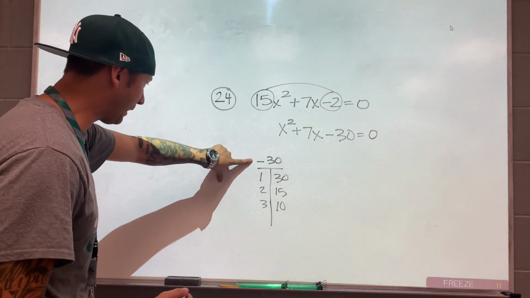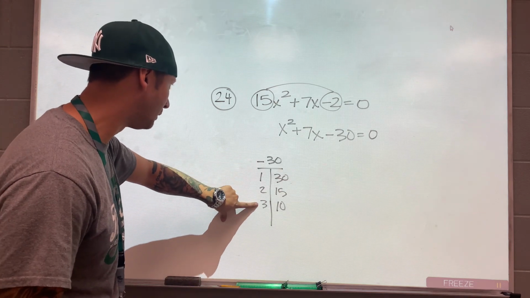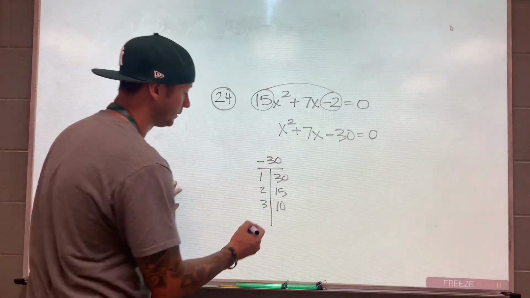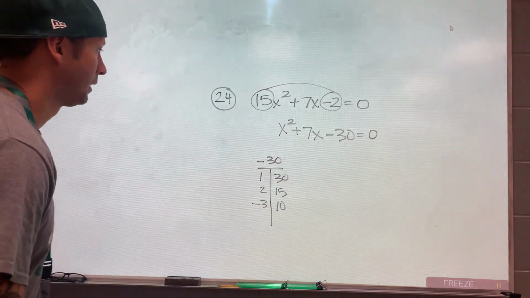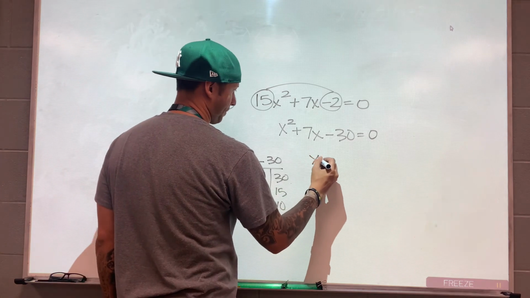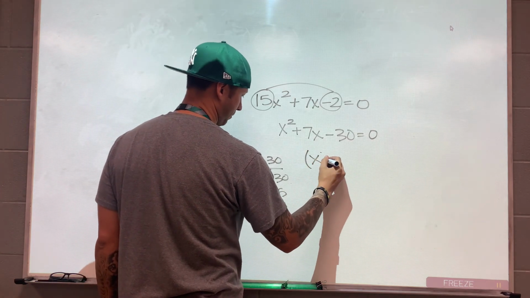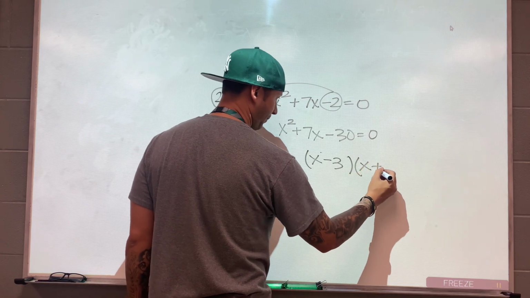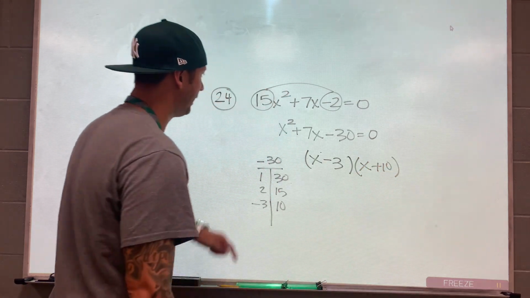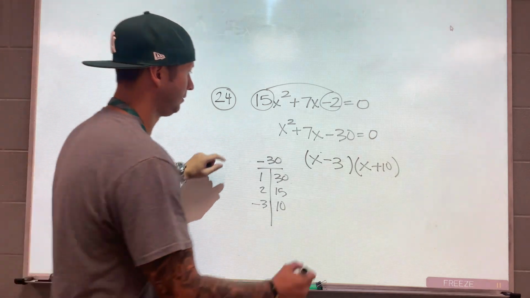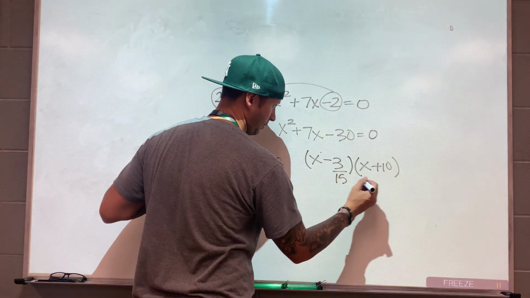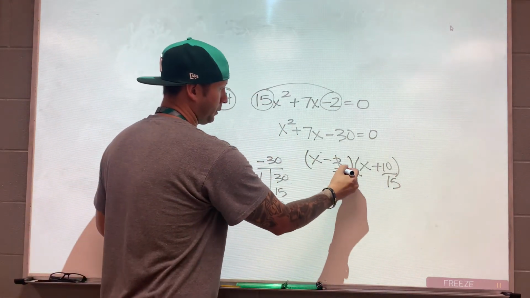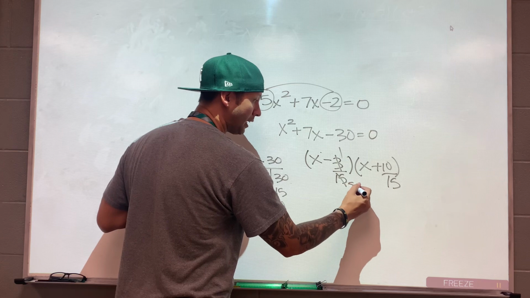This needs to be negative, so one of them needs to be negative. Which one? I look here, it's positive, so the small one. x minus 3, x plus 10. Now I have to remember to divide the 15 out. 3 goes into 3 once. 3 goes into 15 5 times.